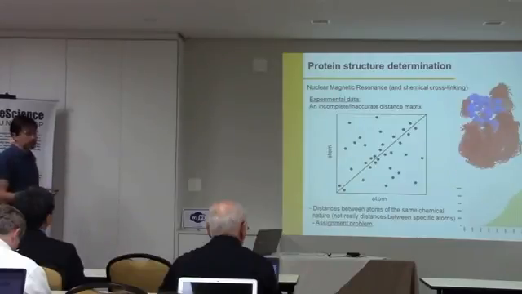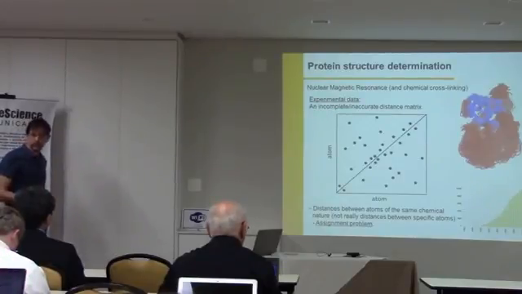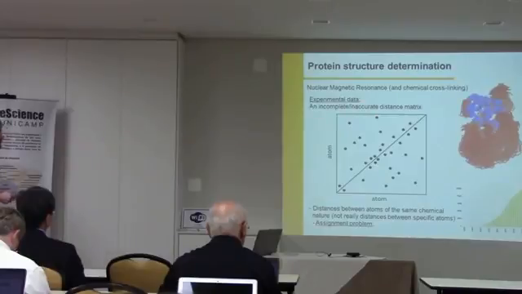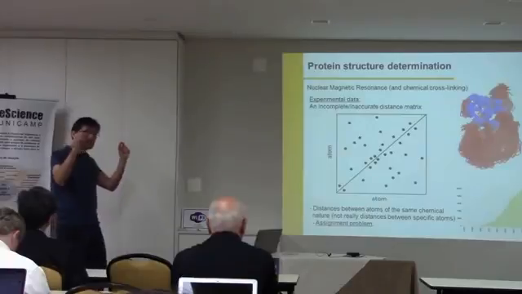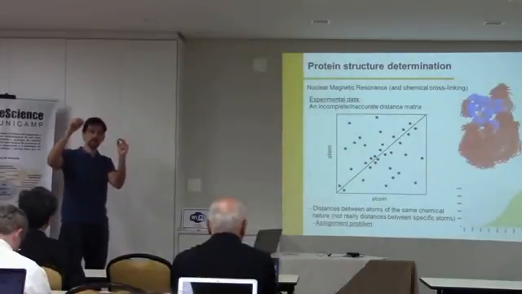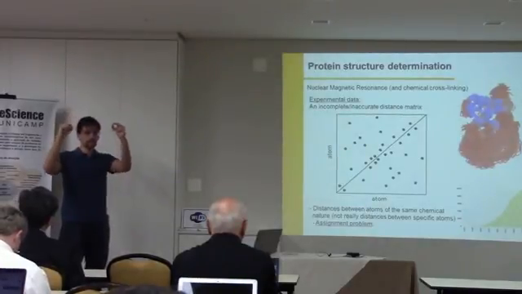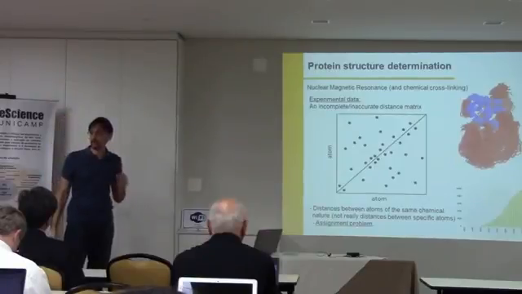However, with both methods, particularly with chemical cross-linking, but also with nuclear magnetic resonance, the experimental data is usually very incomplete and very inaccurate. In particular, in both cases there are many distance restraints that might be wrong, or distance restraints that are correct, but we don't know exactly between which atoms of the structure this distance must apply.